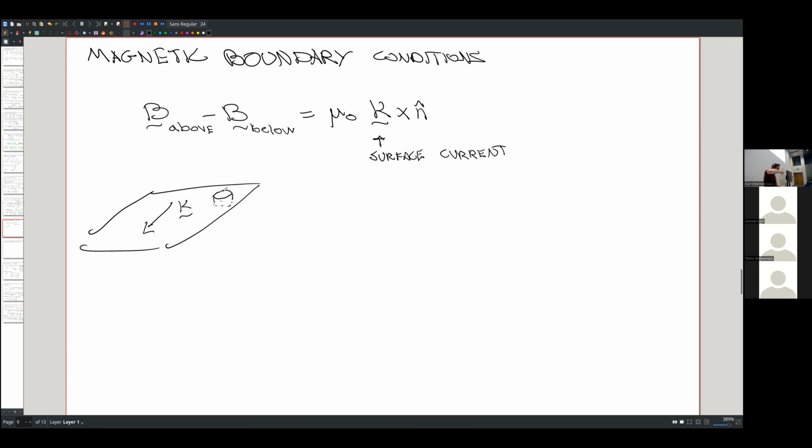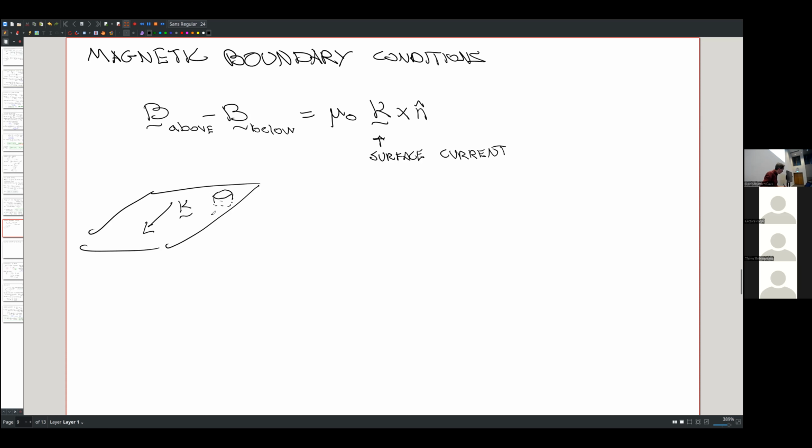Because div B is 0, this whole integral is 0, and if I squeeze the pillbox, it's just the value of the field above the sheet or below the sheet, and that has to be the same. So that proves that the perpendicular bits of the magnetic field are unchanged by the presence of that sheet.